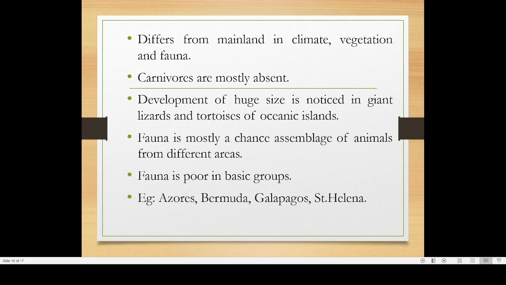So climate will be completely different, and vegetation and fauna will also be completely different. So in the case of a continental island, we are finding a lot of similarity. That similarity may not be present in the case of an oceanic island. That is a difference. Then carnivores are absent.